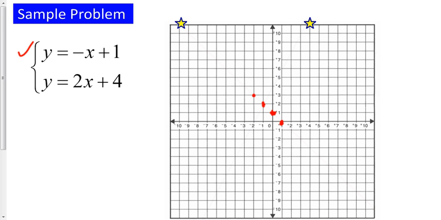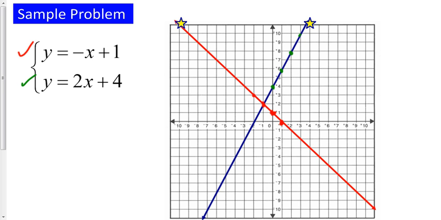And so my line would be here. And then I can graph the other equation, y equals 2x plus 4. Here is my y-intercept at 4, and I go up 2 over 1, up 2 over 1, up 2 over 1, and this is my second line here.